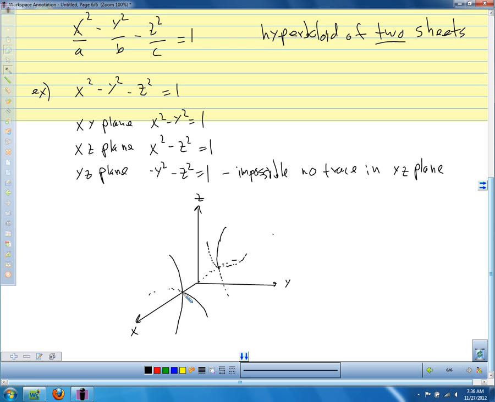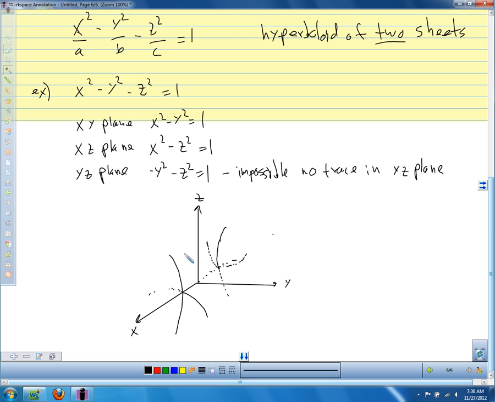I'm sorry, is it like you have one of them going down and the one in the negative side faces up? So they're opening away from the z-axis, opening away from the yz plane.